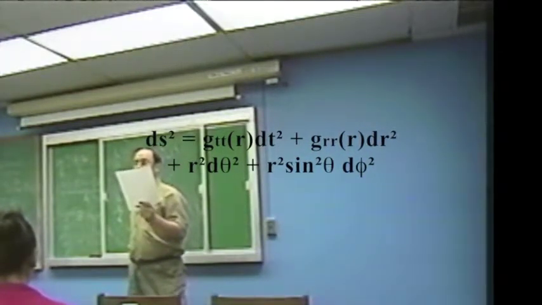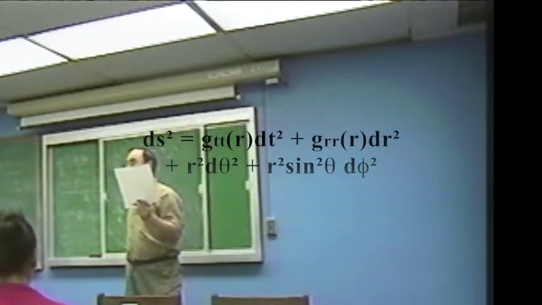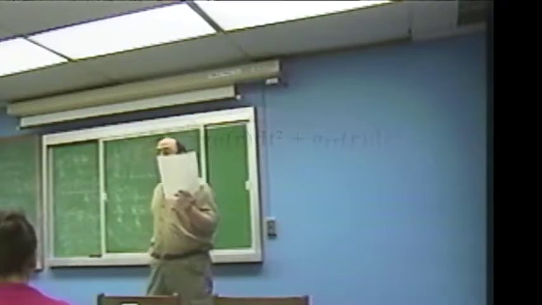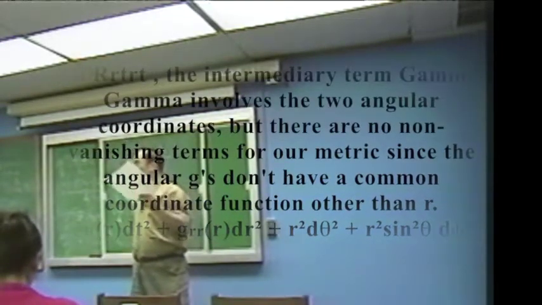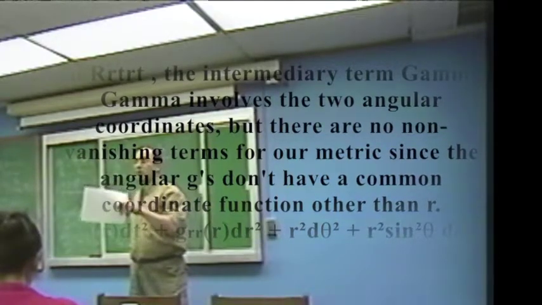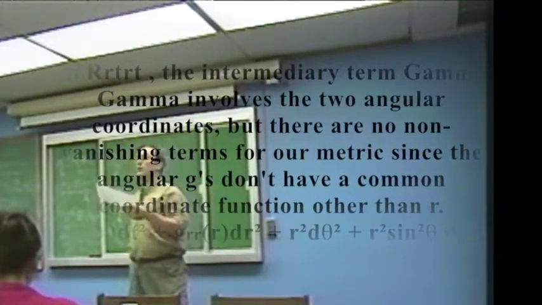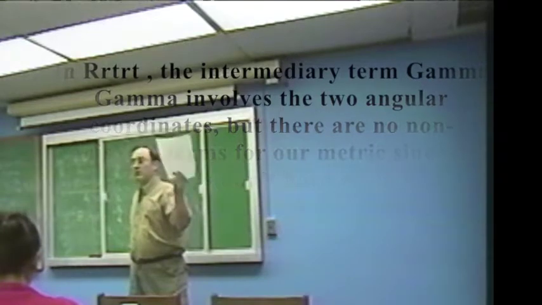The answer is no. The only coordinate they have in common is r, because both g_tt and g_rr are functions of r. So they will both have derivatives with respect to r. But in the product of the gammas part, where we're looking for a coordinate which is not r, t, they won't have it.